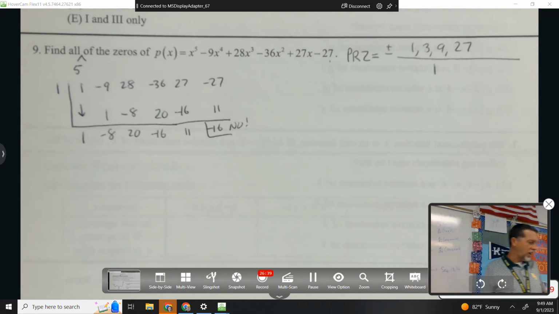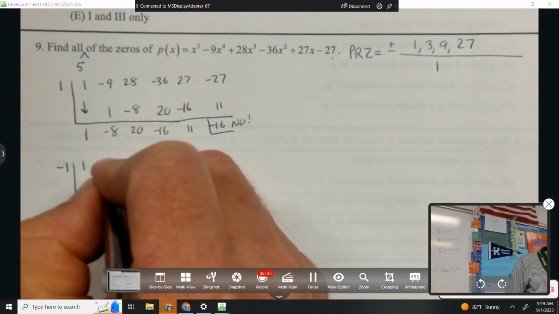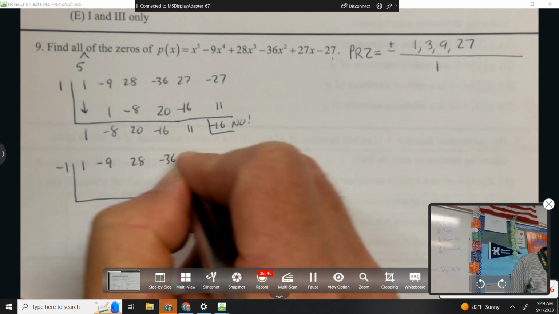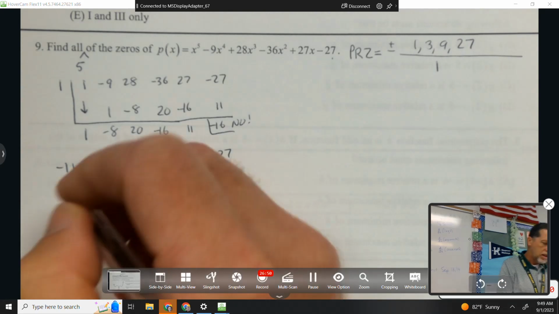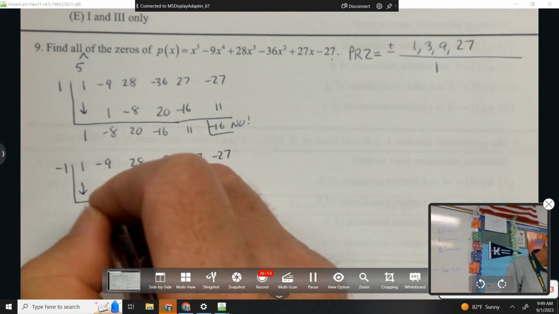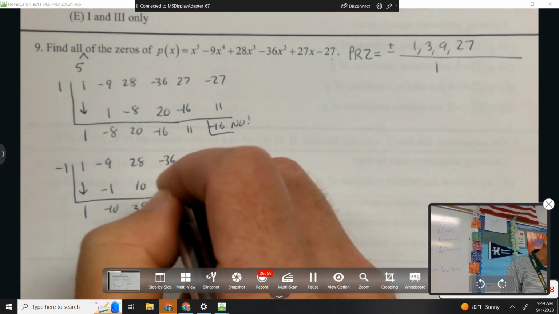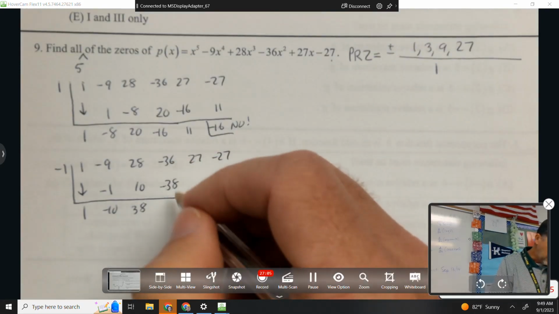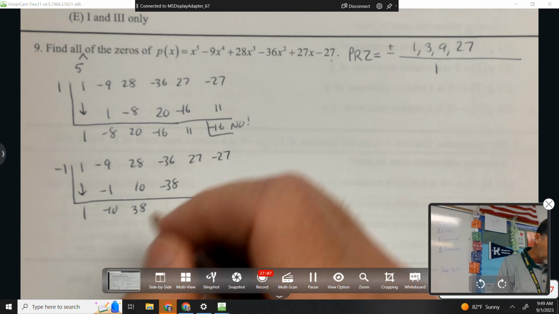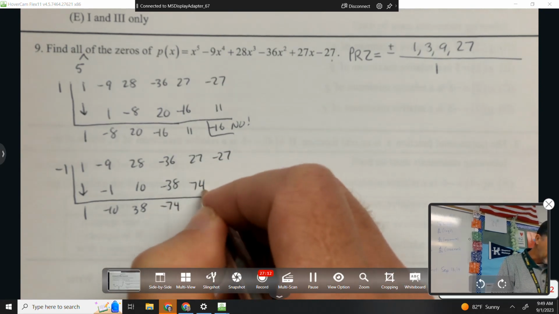Guess and check. Let's try -1. Bring down the 1, multiply, add, and it's hard to see if you're going to get anything until it gets to the end. You don't know 2 or 3 steps in if it's going to work or not. Although I'm getting suspicious here with -74, +74.